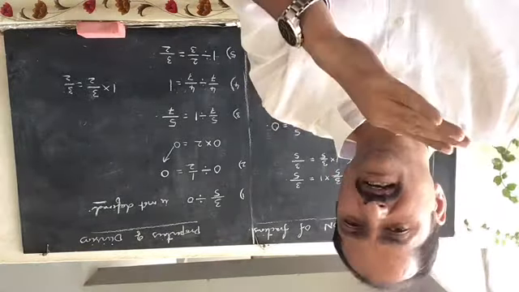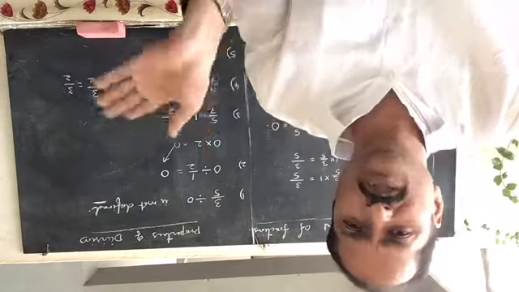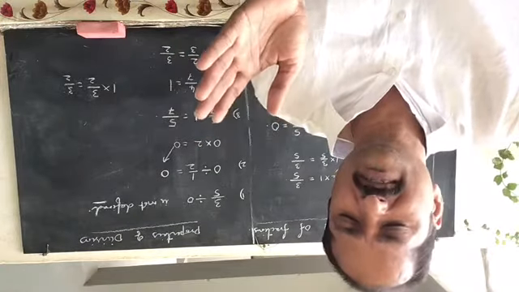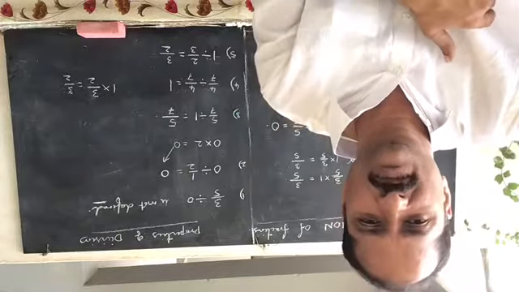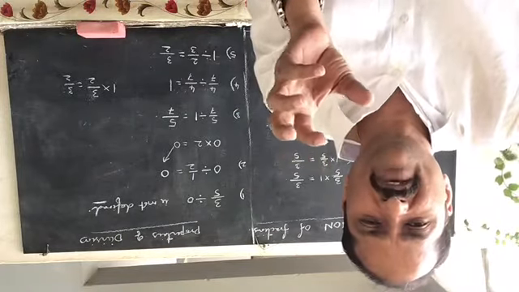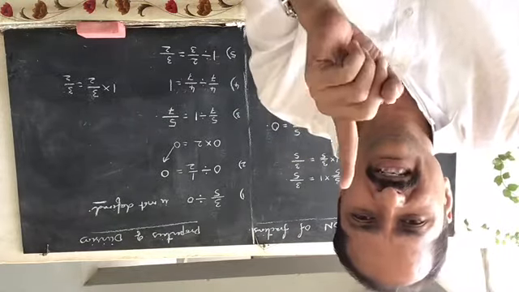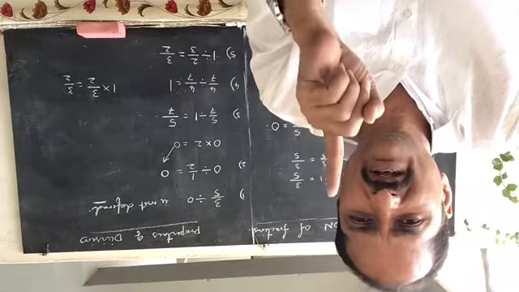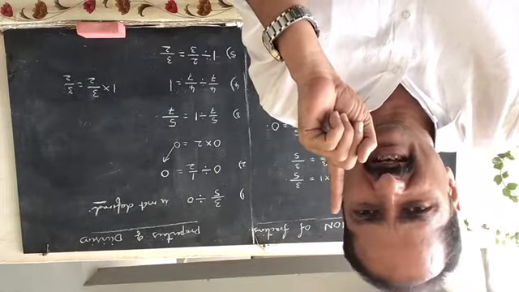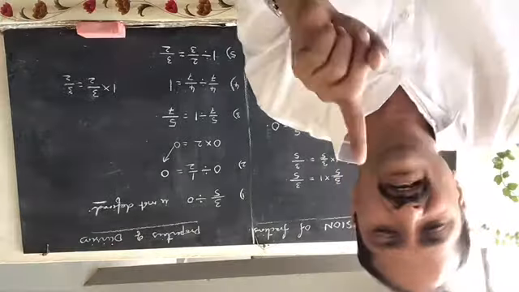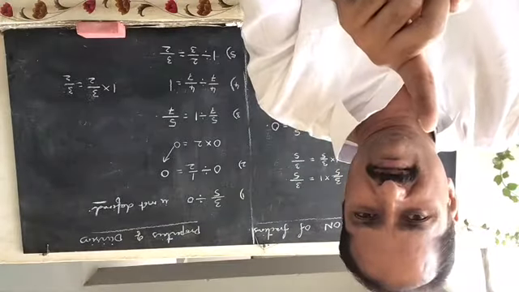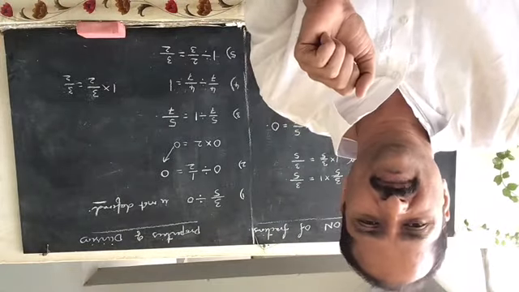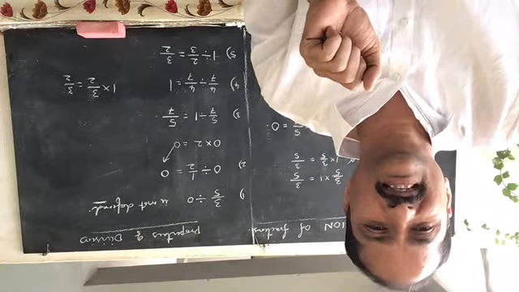That means exclude 0 from whole numbers, and we took the remaining as natural numbers. Okay. If you are dividing a fraction with itself, the quotient is 1. If you are dividing a natural number with itself, the quotient is 1. Understand? So that is the fourth property.